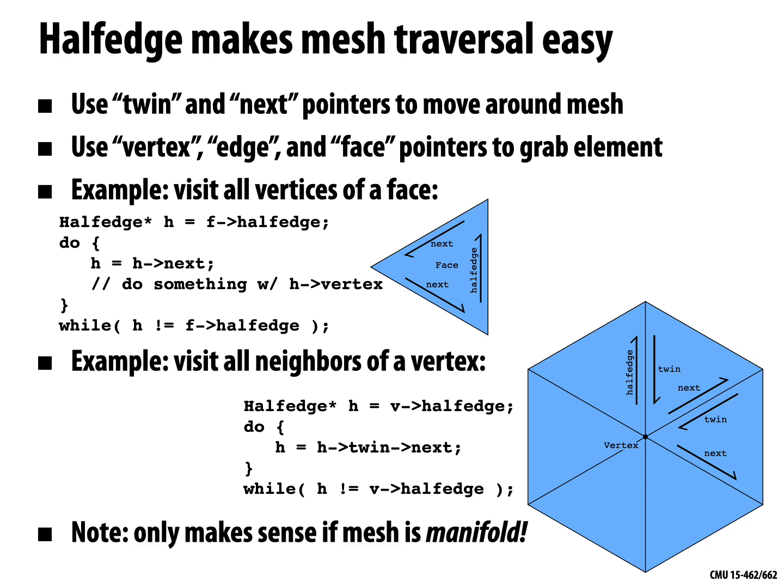Notice, by the way, that this idea of traversing the mesh by following loops of next pointers or loops of twin next pointers only makes sense if the mesh is manifold. Right? How is it that I know I can visit all the triangles touching a vertex by just going twin next, twin next, twin next?